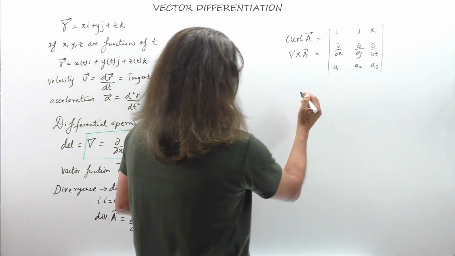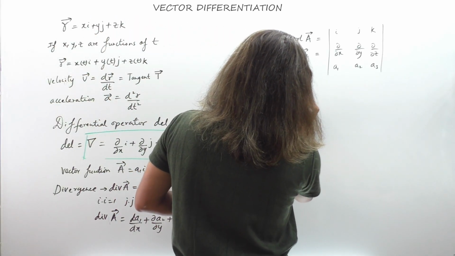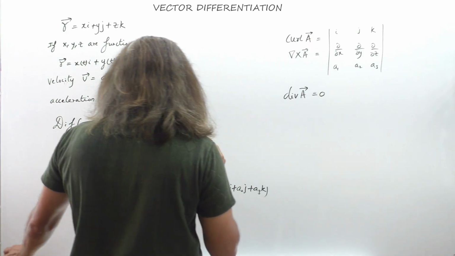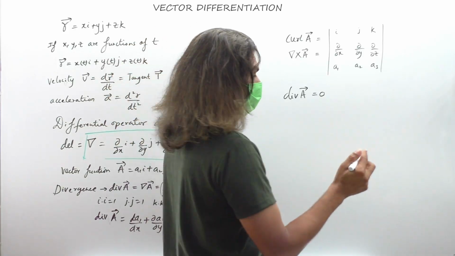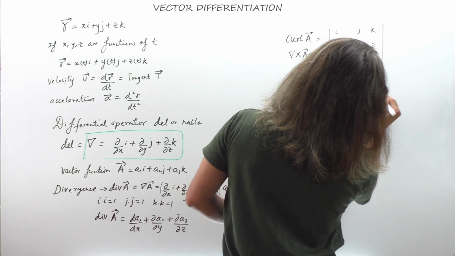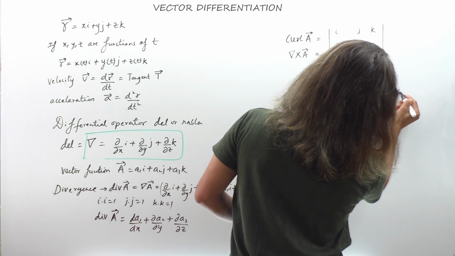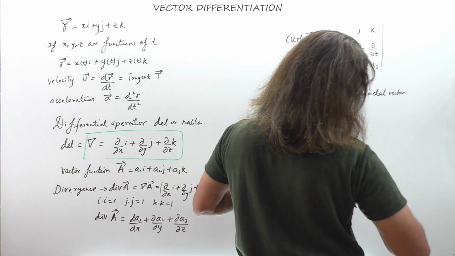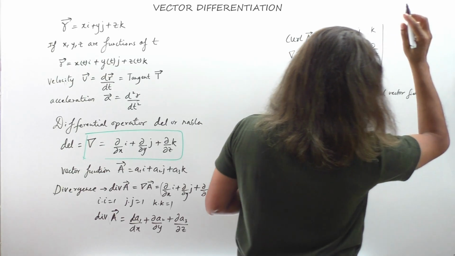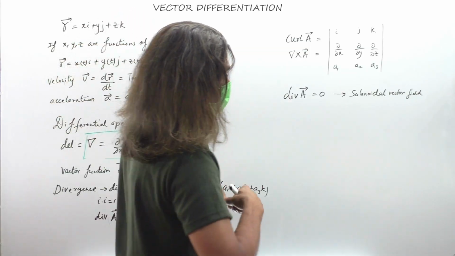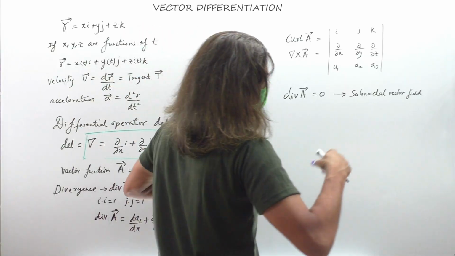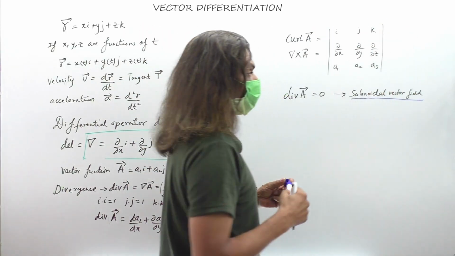Now the theory says if the divergence of A equals 0, we call it a solenoidal vector field. Okay, what is the condition? Divergence of A equal to 0 means it's a solenoidal vector field.